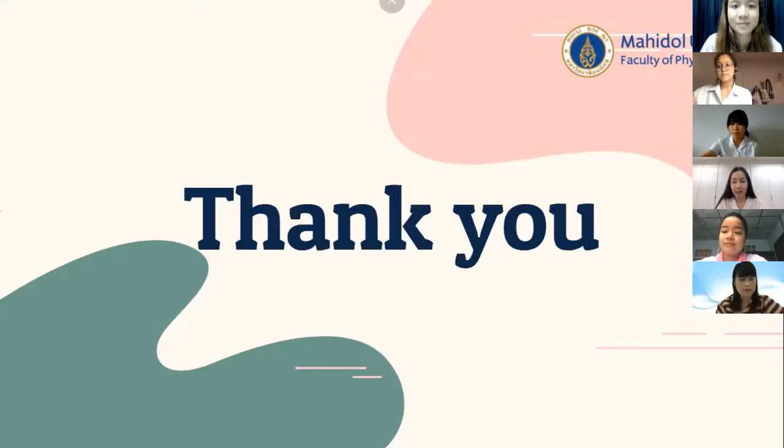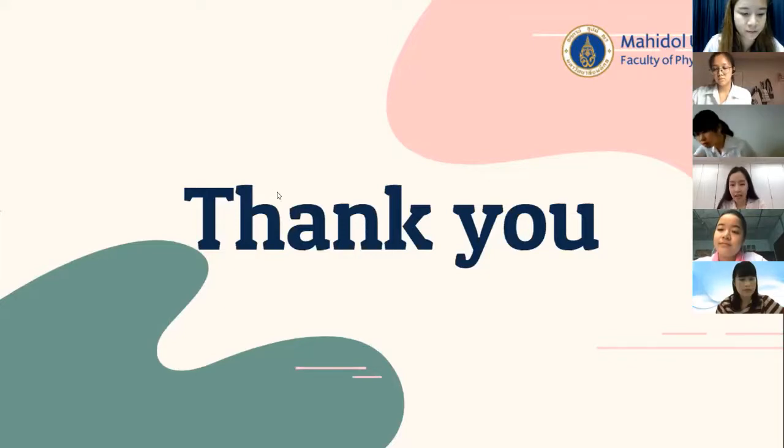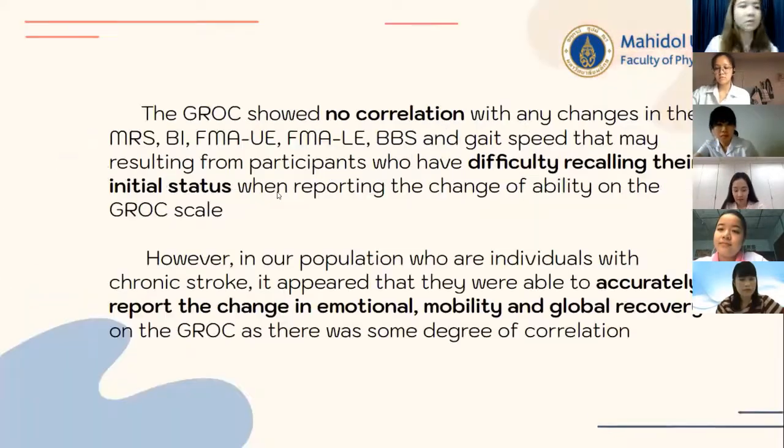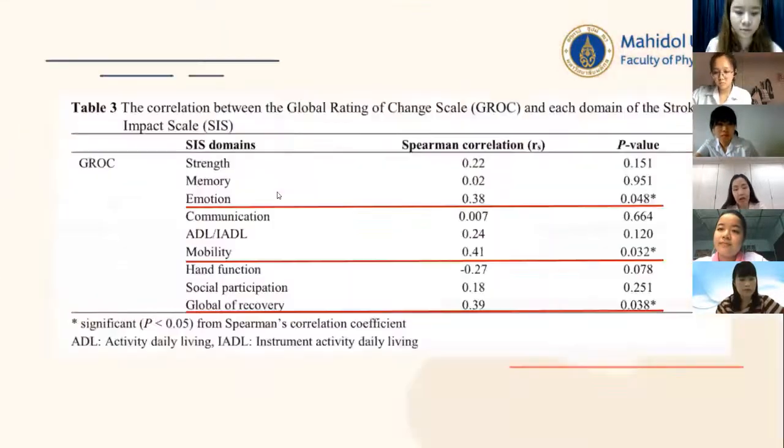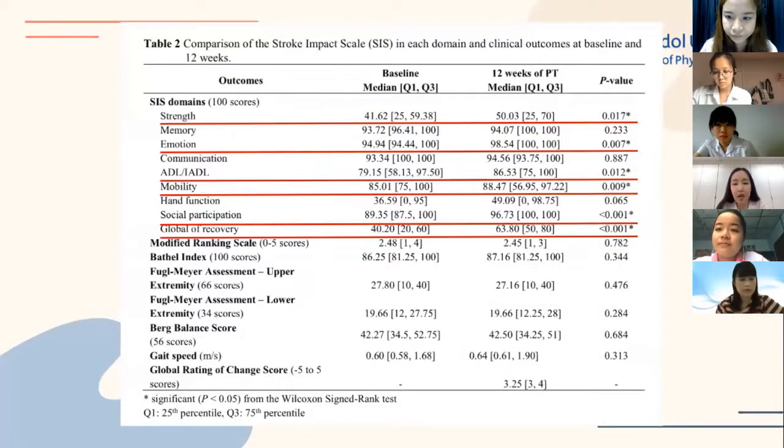Excuse me, I have a question. Can you please go back to Table 2, please? I'd like to ask your opinion, because the SIS domains show improvement of strength, ADL, mobility, the physical stuff.